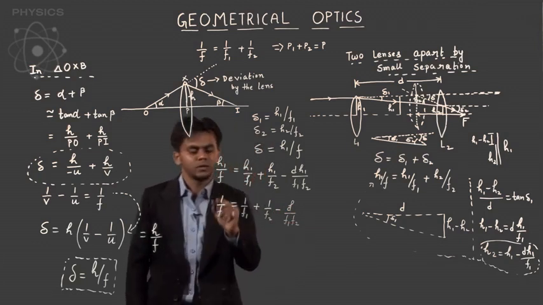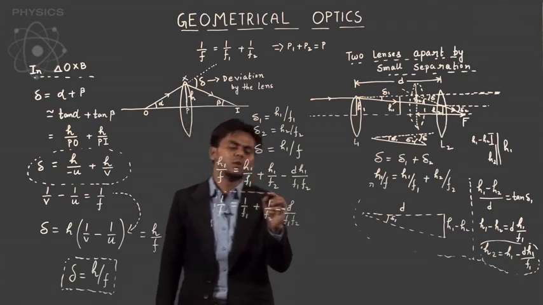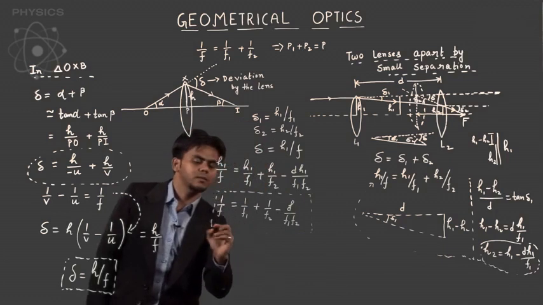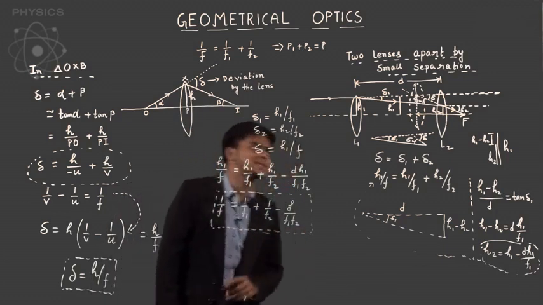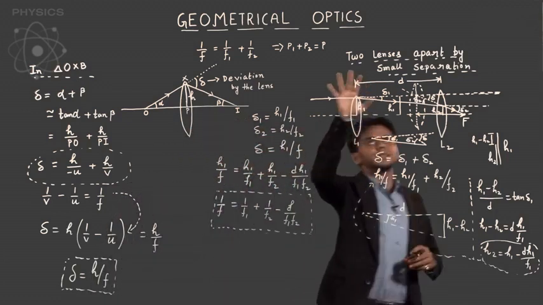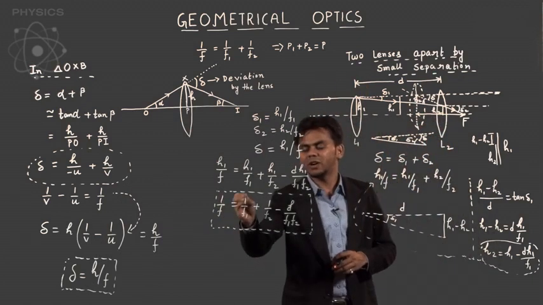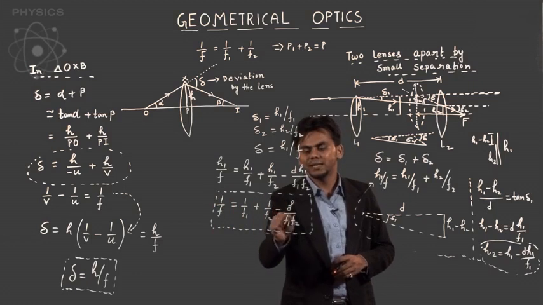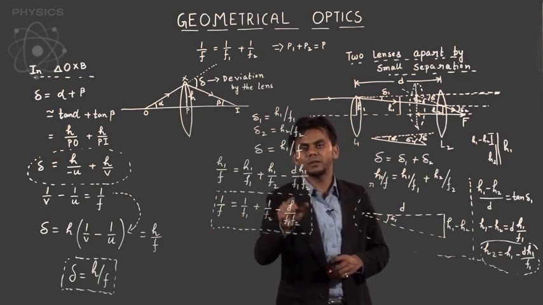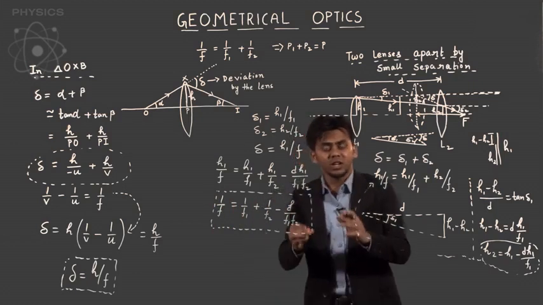This is your formula for two thin lenses separated by a small distance, or two lenses apart by a small distance: 1 by f is equal to 1 by f1 plus 1 by f2 minus d by f1 f2, where d is the separation between them, and f1 f2 is the product of focal lengths.